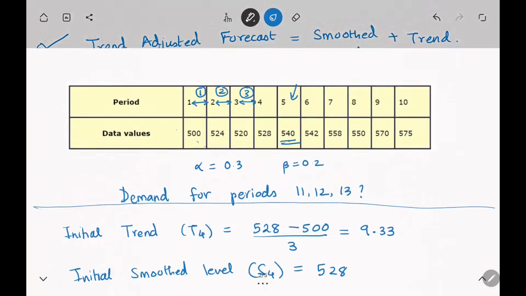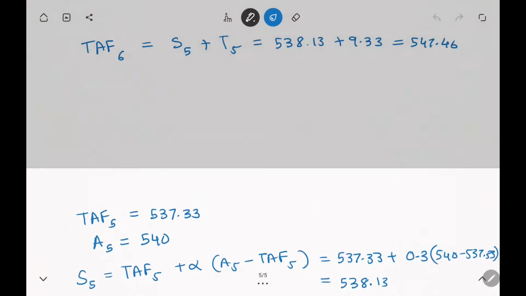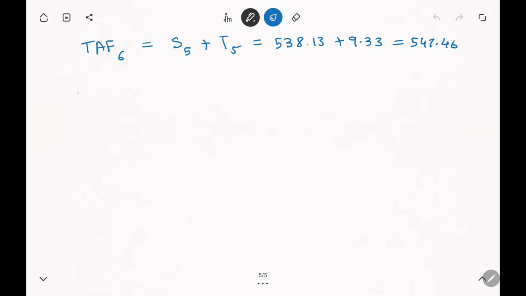For period 6, the trend adjusted forecast is S5 plus T5. So S5 is 538.13, T5 is 9.33. You add them, you get 547.46. So this is your trend adjusted forecast. Okay, but the actual value for period 6 is 542, which is lower than the forecast this time.